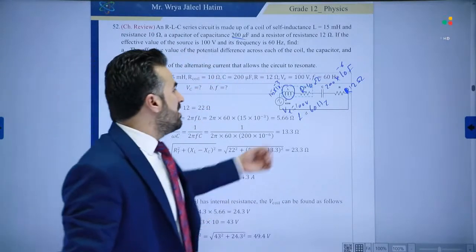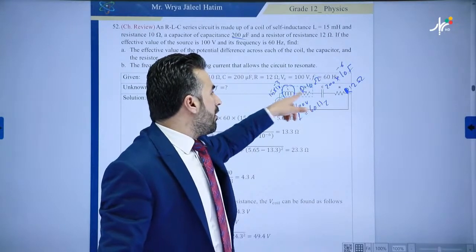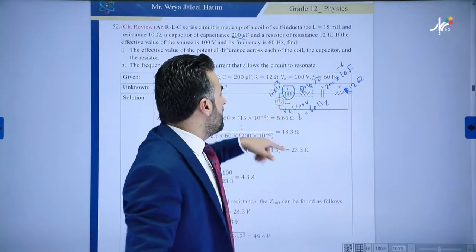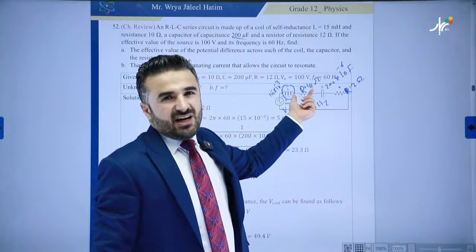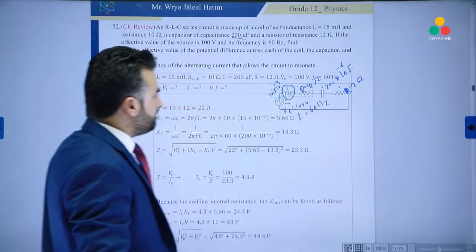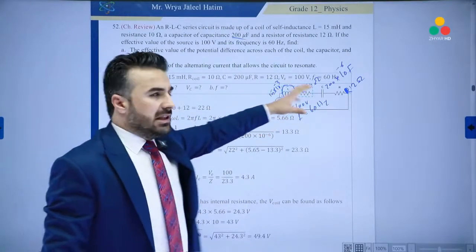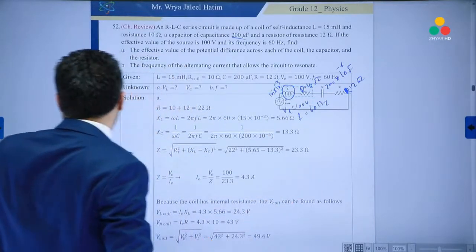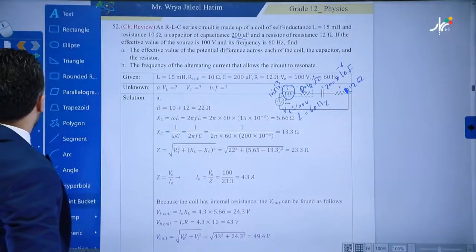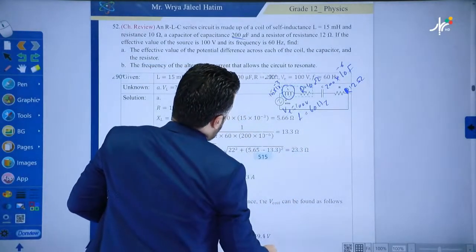Basically find VR, VC, and of course not just VR and VL: you will have to find the voltage across these two together, as if it was one, or you could just say V of the coil. I think we've solved questions like this, but perhaps yes. I'll give you an idea, and perhaps I'll leave the rest for you guys to complete this one. Let me just give you an idea how you can solve these questions.